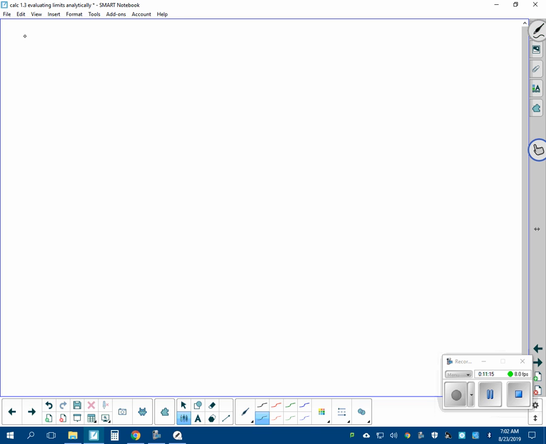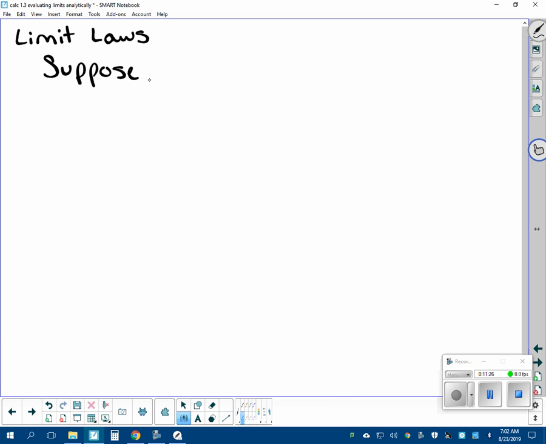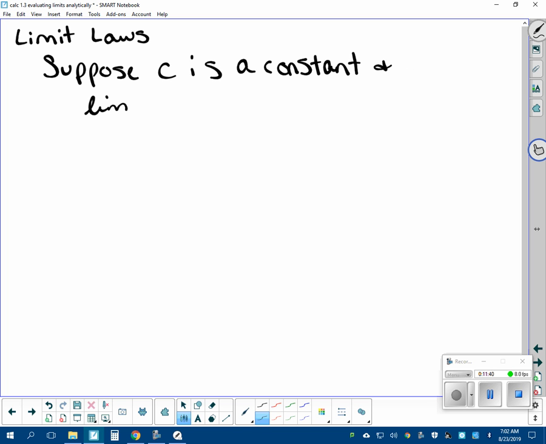All right, these are what are called the limit laws. Suppose C is a constant and the limit as x approaches a of f of x and the limit as x approaches a of g of x, so two different functions.